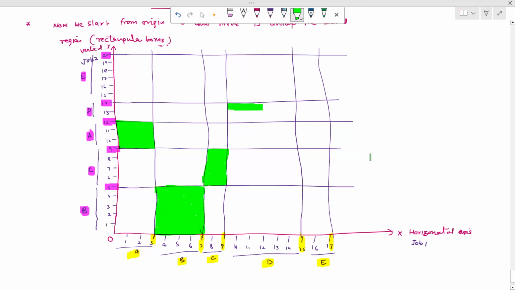So this is our shaded region. Now we have E. Where is E? This is our E.